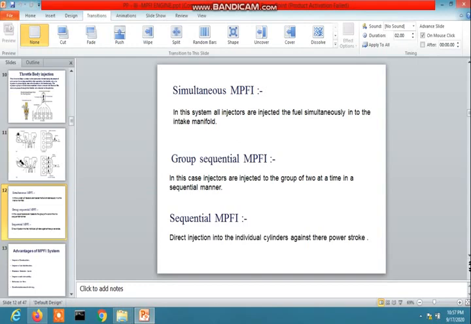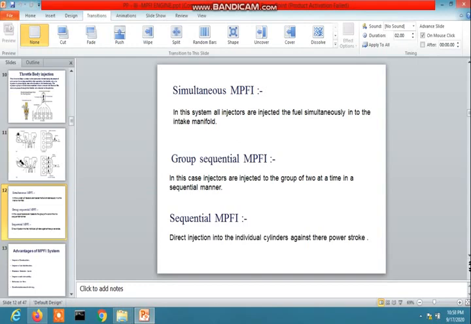In simultaneous, the injectors inject simultaneously into the intake manifold. In group sequential, two injectors are injected at a time in a sequential manner. In sequential MPFI, the injection is to the individual cylinder against the power stroke, so this is one by one injection.